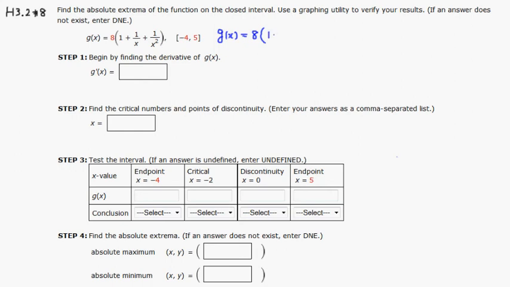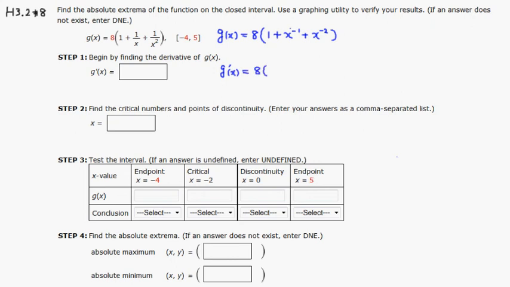But 1 over x, we can rewrite as x to the negative 1. 1 over x squared, we can write as x to the negative 2, right? Then we can take the derivative, right? So g prime of x is equal to, right? 8 is a constant multiple, so put it outside, right?